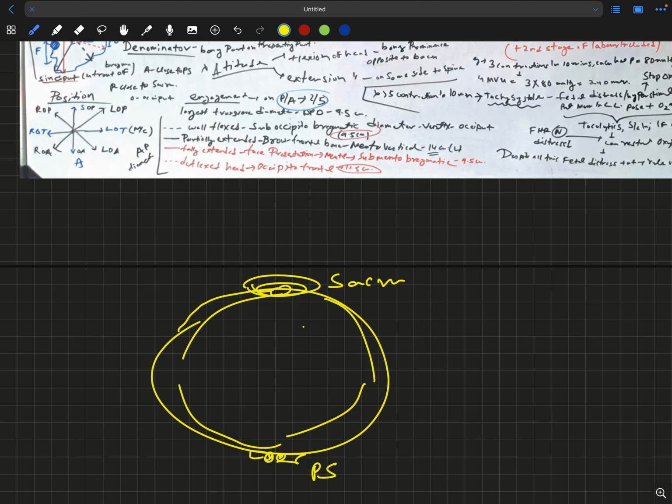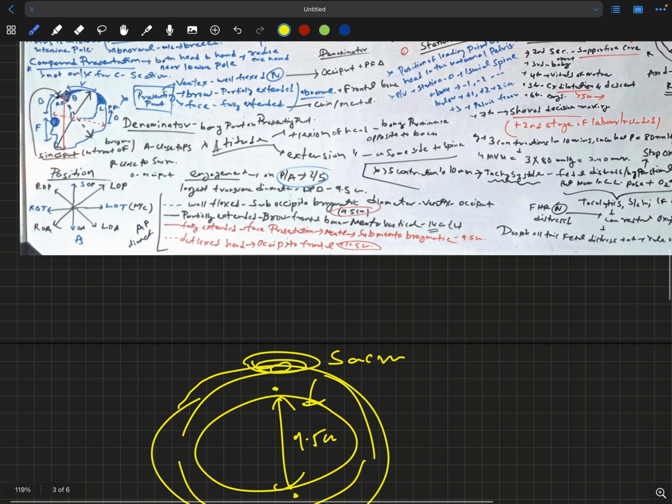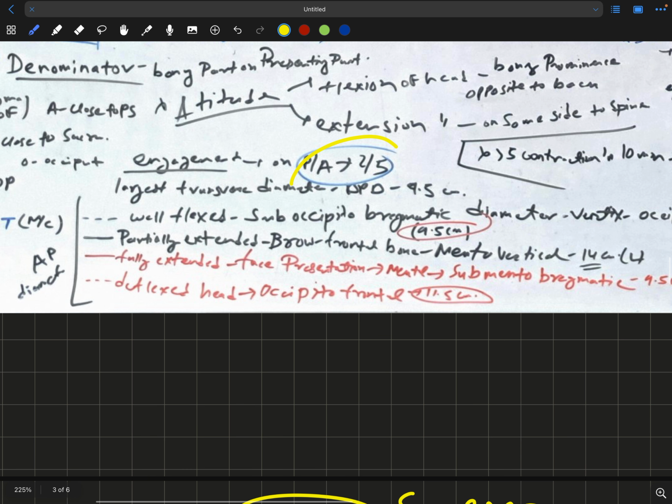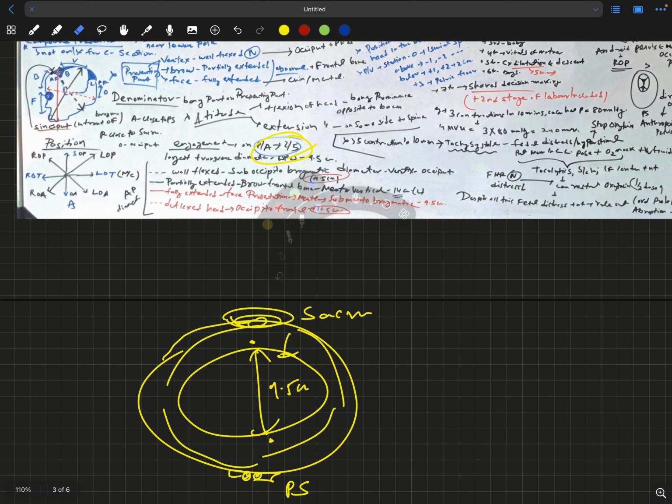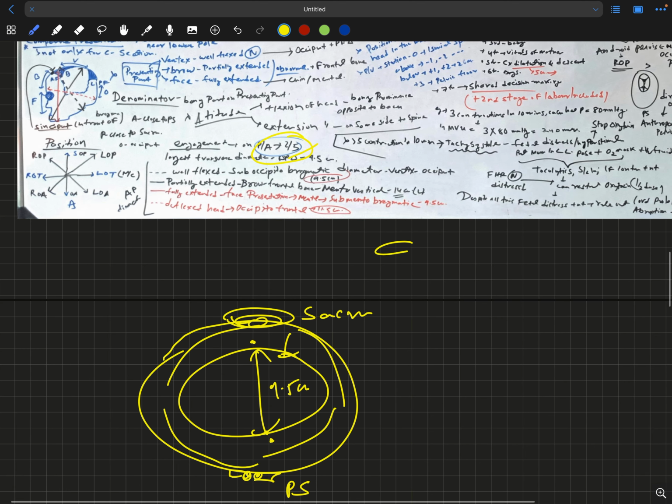When the largest diameter, the biparietal diameter, from this parietal bone to this parietal bone, which is 9.5 centimeters, crosses the pelvic inlet, that is called engagement. On per abdominal examination, that is called 2 by 5. 2 by 5 means that when we are doing the per abdominal examination, 2 fingers are like this, 3 are like this.